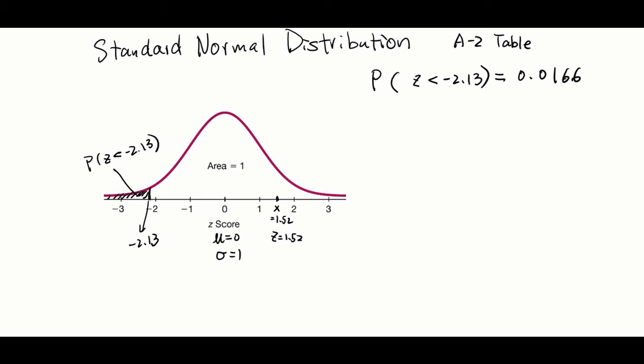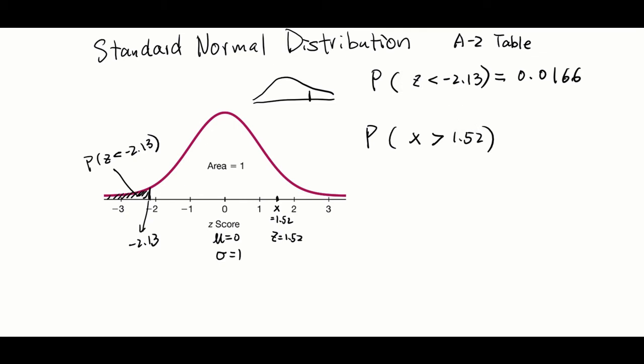Now let's look at this problem. I want to find the probability of x value or z that is greater than, let's say, 1.52. Like I showed you earlier on the A2 chart, what will give you is the area to the left of the z-score.